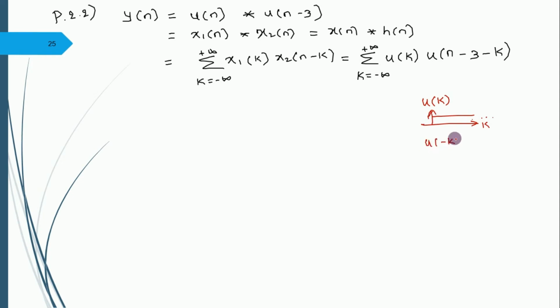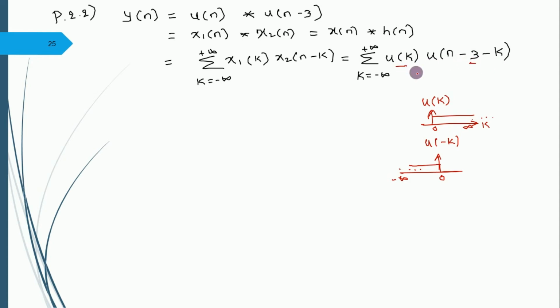U of minus k will look like this, so negative, from minus infinity till 0. This is from 0 till infinity. This is the difference. This talks about u of minus k, and this talks about u of k. So what we have to do is identify lower limits and higher limits. Always this defines the lower limit and this defines the upper limit.